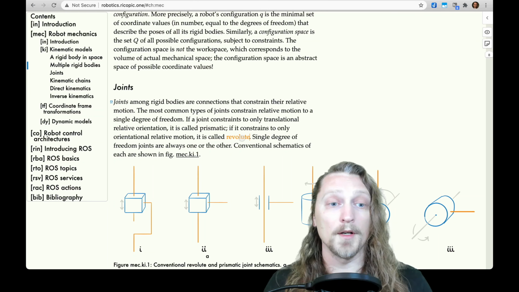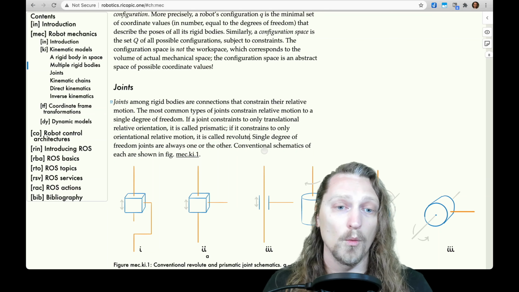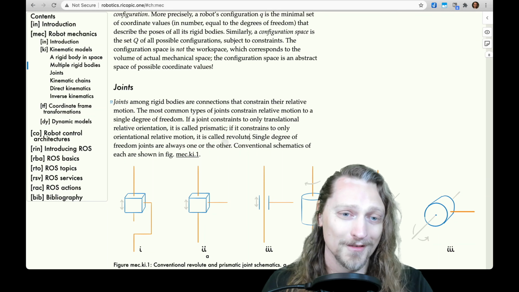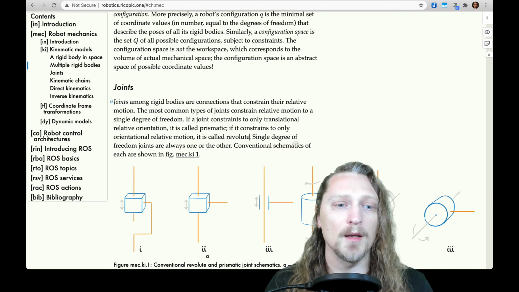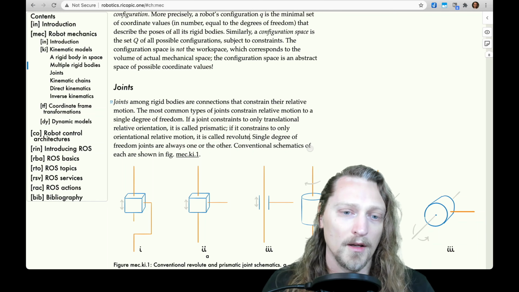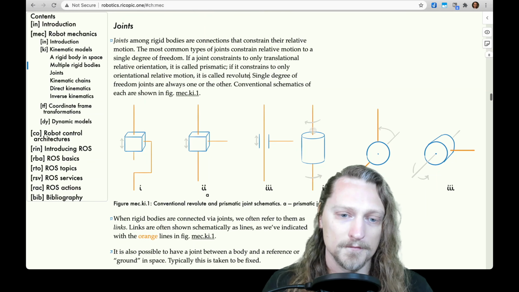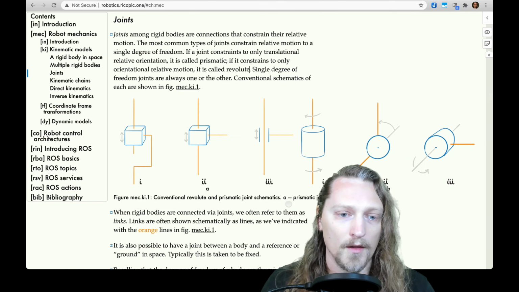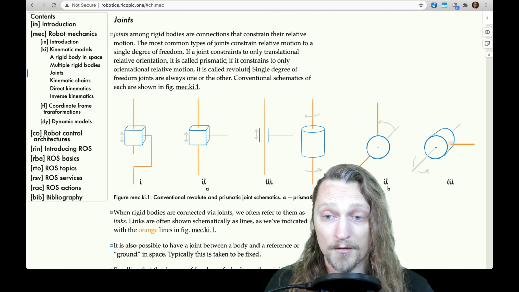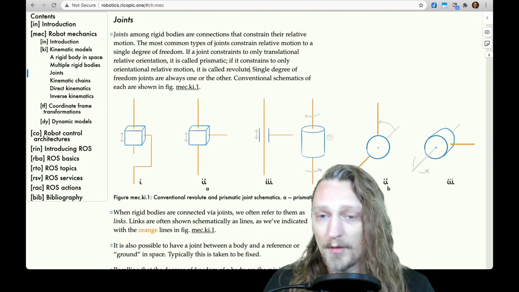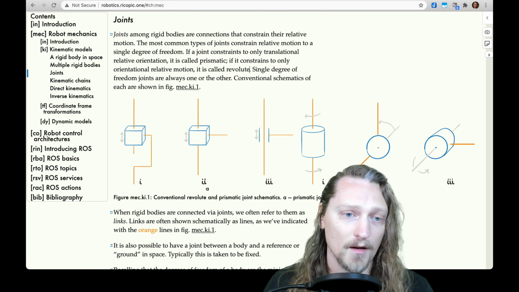Single degree of freedom joints are always one or the other, either prismatic or revolute. Conventional schemes of each are shown in this figure. On the left, we have prismatic joints, the schematics thereof. And on the right, we have three different revolute joints, schematics thereof.